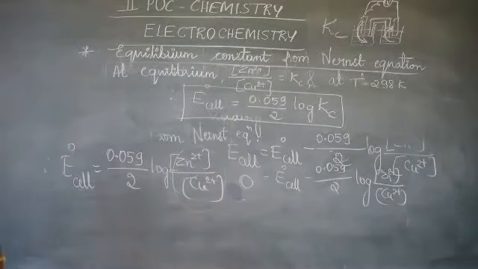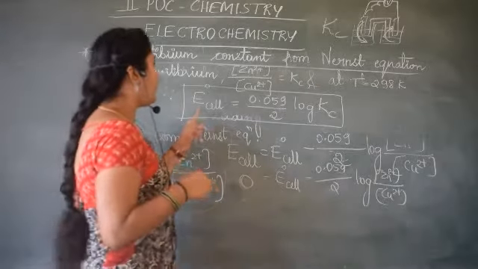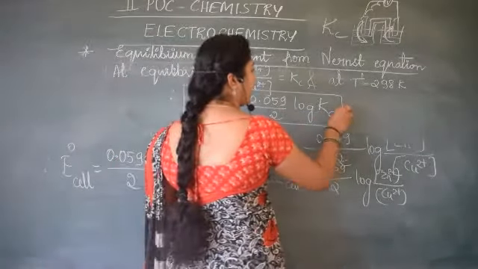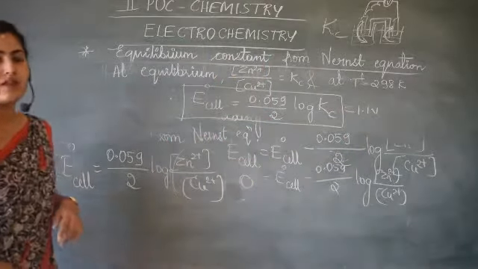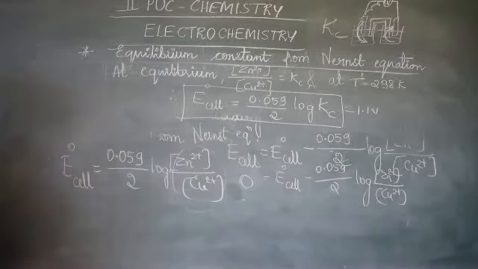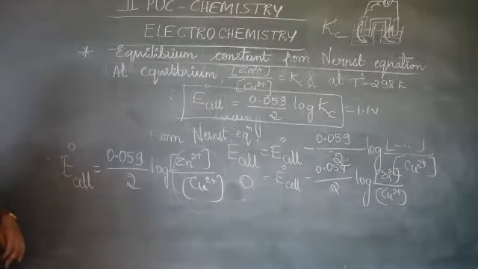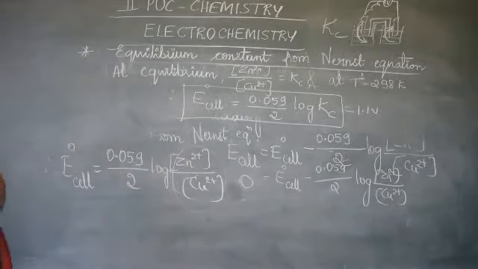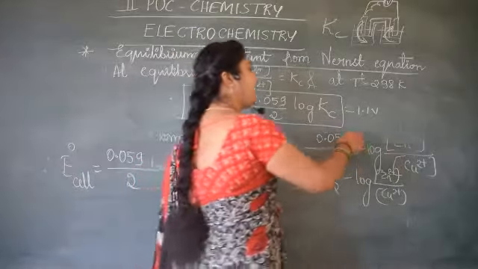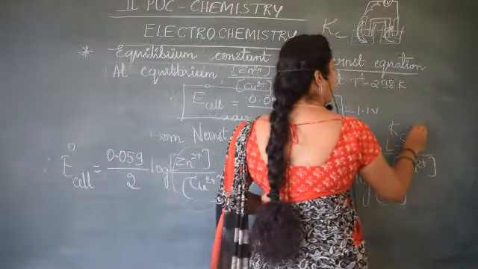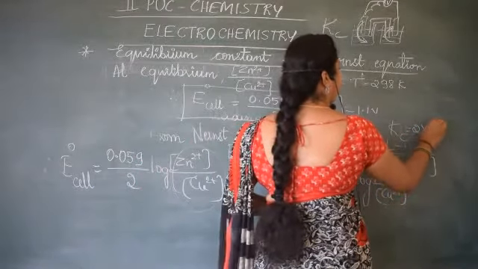One more way of writing. So what is this equal to? E naught of cell is nothing but 1.1 volt for the Daniell cell. So that is equal to 1.1 volt. This is how you denote it. If you calculate the Kc value here by substituting the values, you get around 2 into 10 to the power 37.